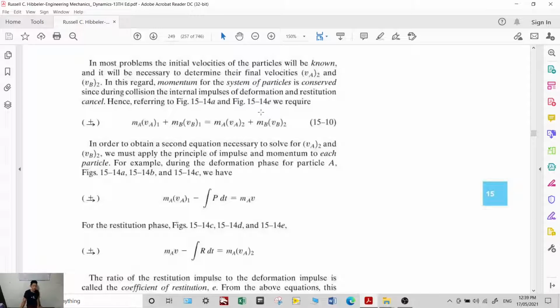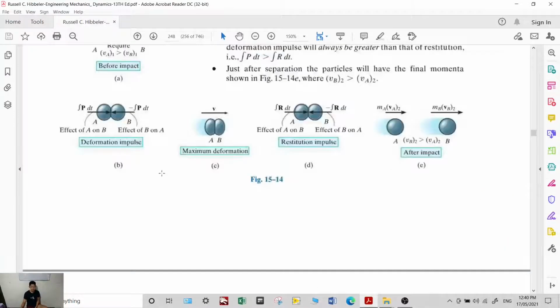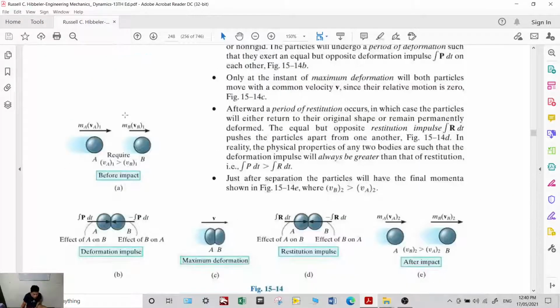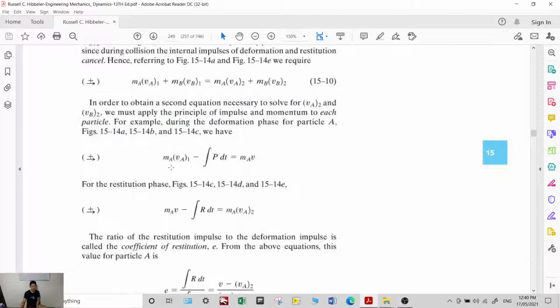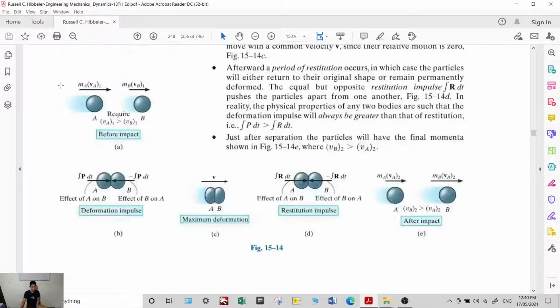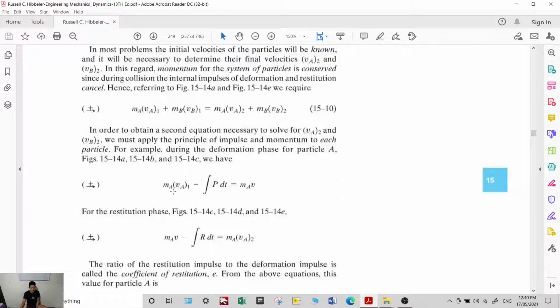So we need another equation. In order to obtain a second equation to solve for vA2 and vB2, we'll apply the principle of impulse and momentum. We apply it to this phase, from point 1 to the point of maximum deformation. Apply the principle of linear impulse and momentum for particle A only: mA vA1, the initial momentum, minus PD.